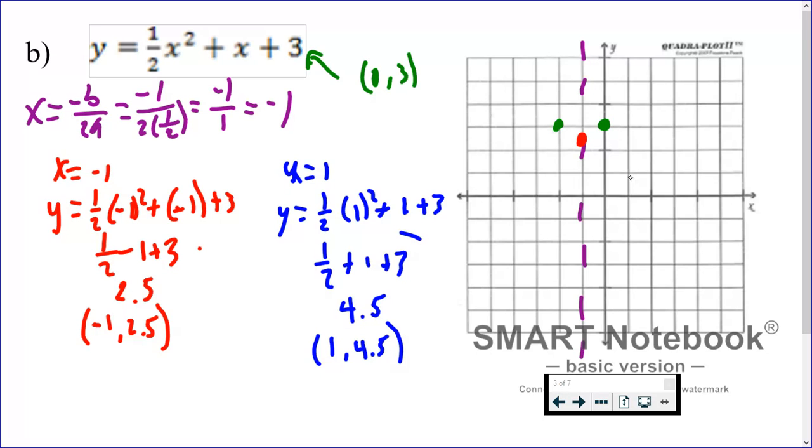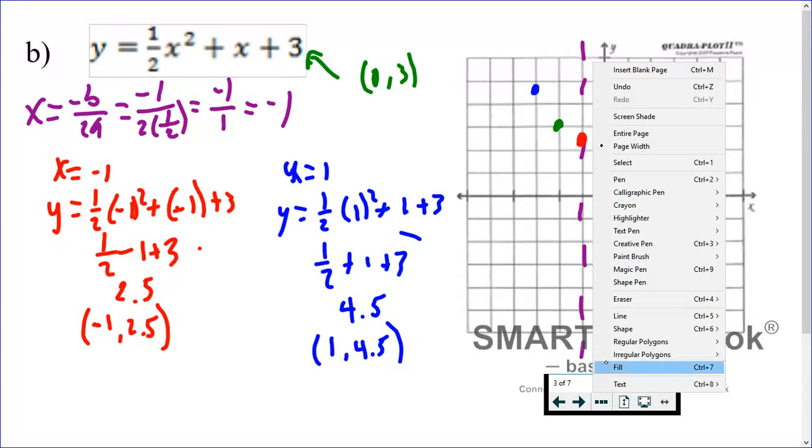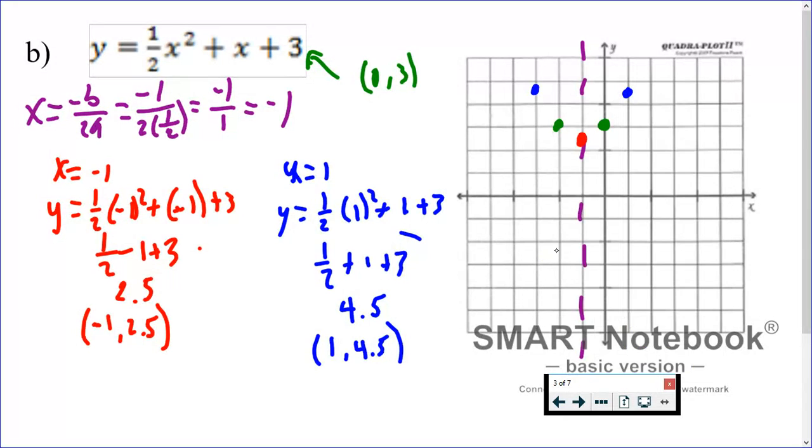So that means I go right 1, up 4.5. So it looks like that would be right about here. It would reflect to here. And I can now just do the last step of sketching the curve through.